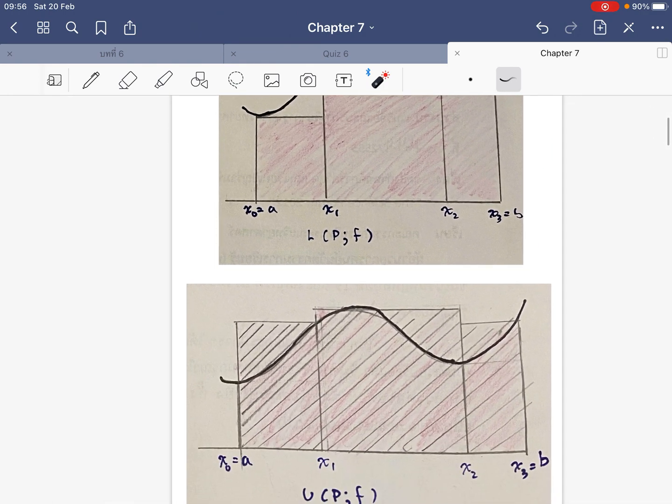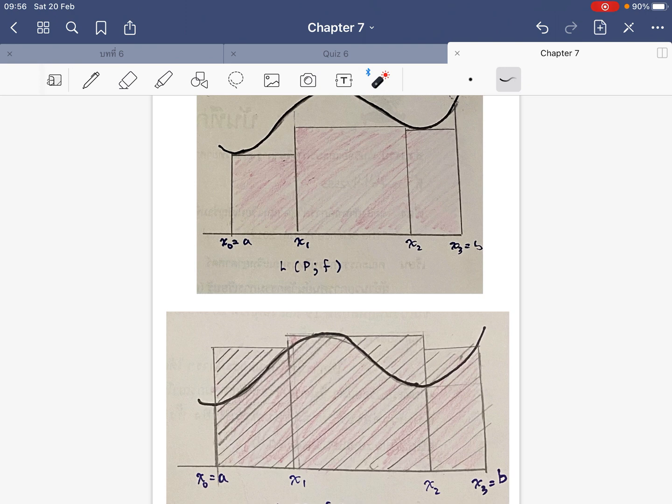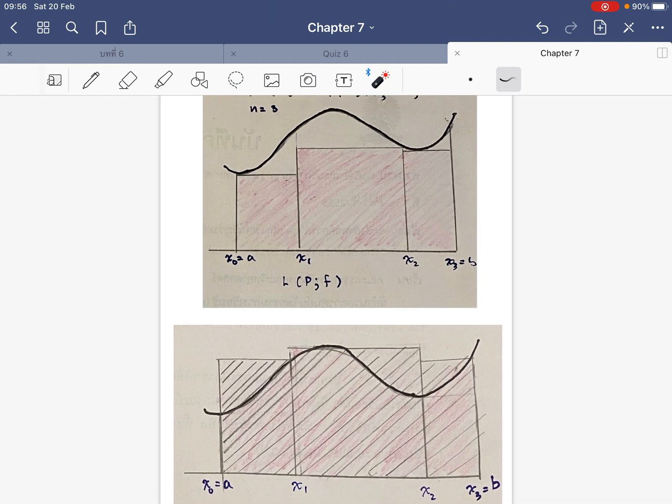If we use the same partition, please try to look at it as the same picture, but look at it from another angle. This is the same curve as above, and this one is your x1, this one is also your x2, the same subintervals.